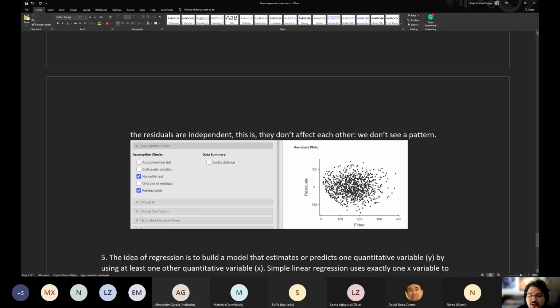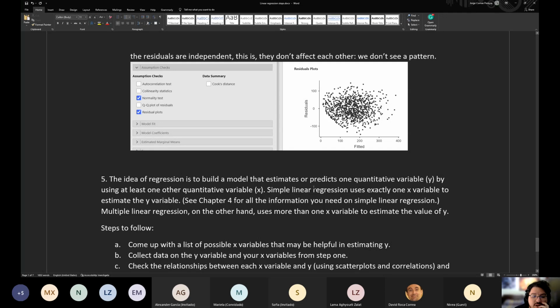If you saw a curve or anything that's not just a cloud, it may point out that our linear approach is not the best idea. Those would be the residual plots. The residual plots show the distance from any given data point to the linear regression. They certainly should be centered at 0.